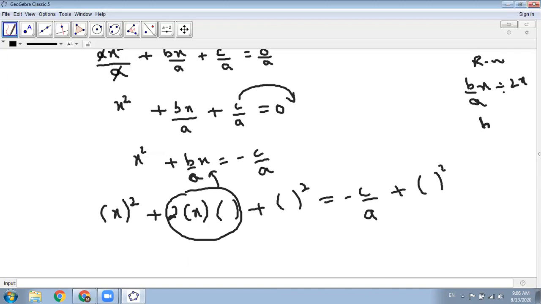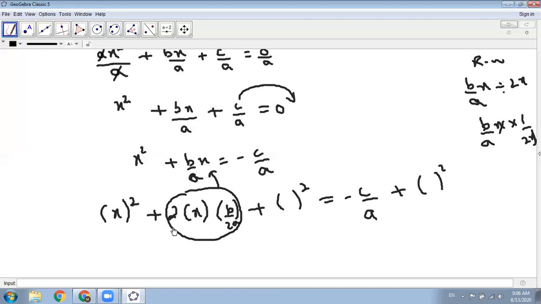So b upon a x into, it becomes the reciprocal, 1 upon 2x. x and x cancel. So we will get b upon 2a. So we write here b upon 2a. If you open the bracket, it will become the same term.